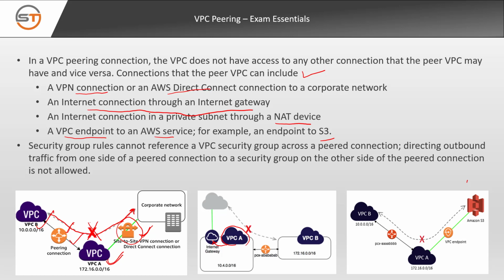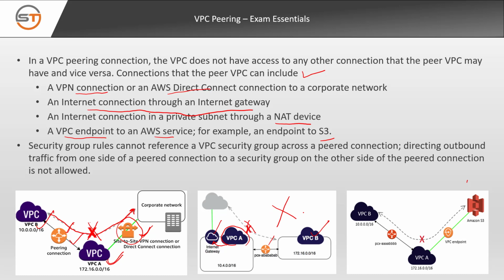Is it possible that instances from VPC B can communicate to the internet through the internet gateway attached to VPC A through the peering connection? This is not supported. A VPC cannot communicate to the internet through the internet gateway at the other end of the peered connection.